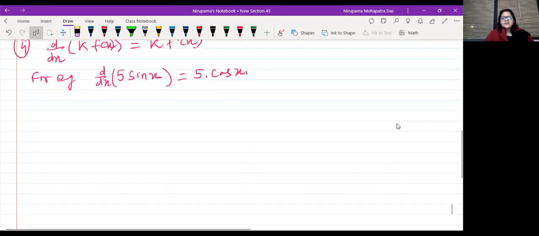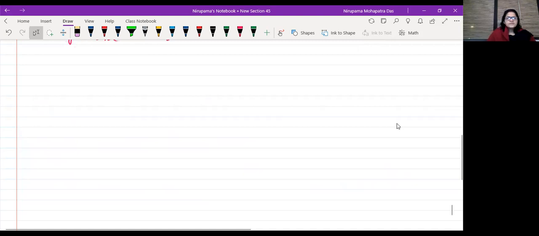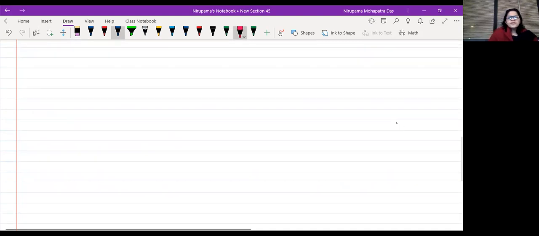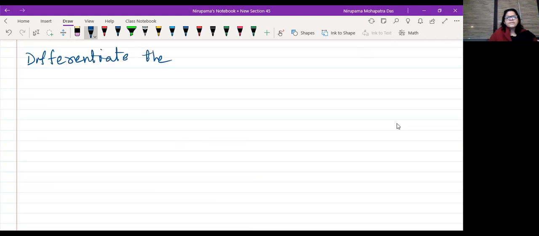So let me tell you how to apply this. When you are given a question like differentiate the following functions, we are not told to use first principle.